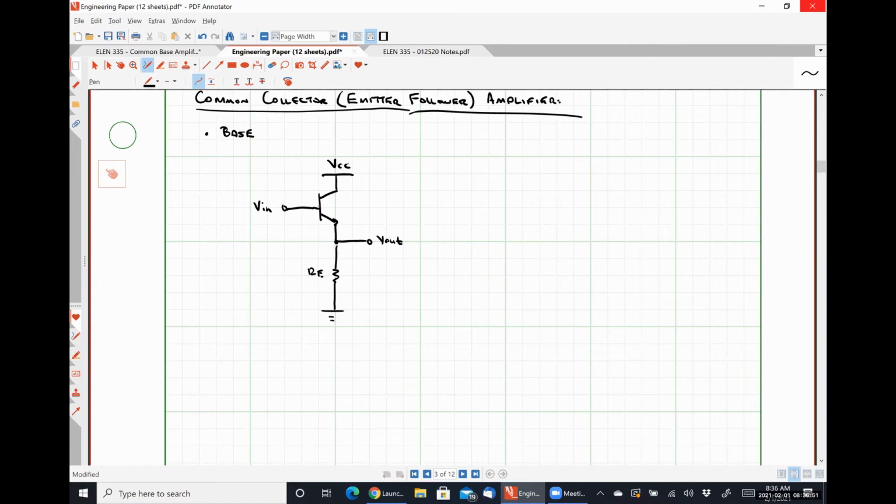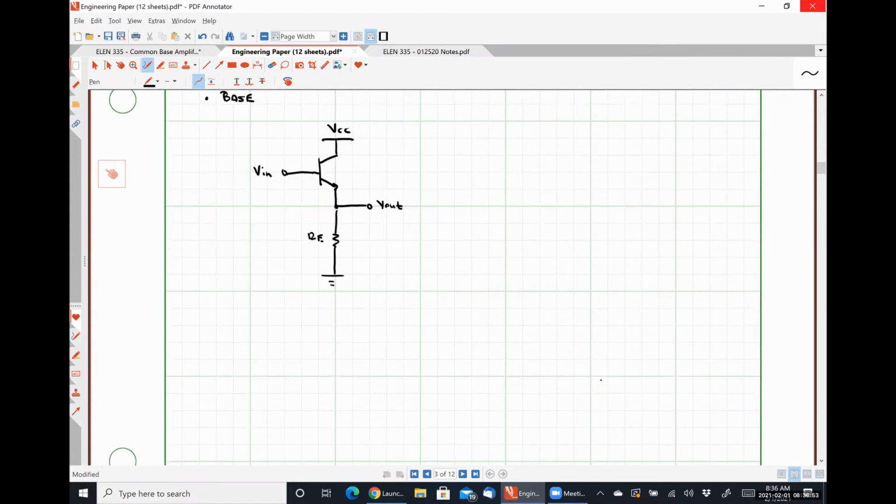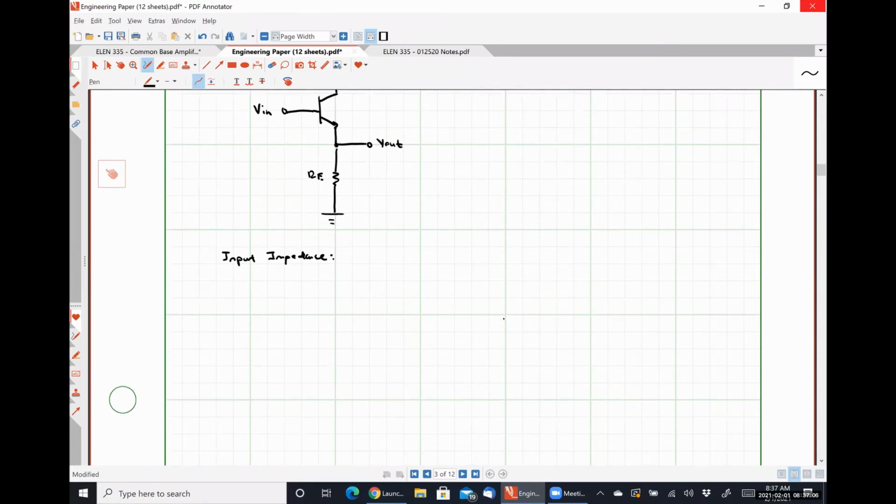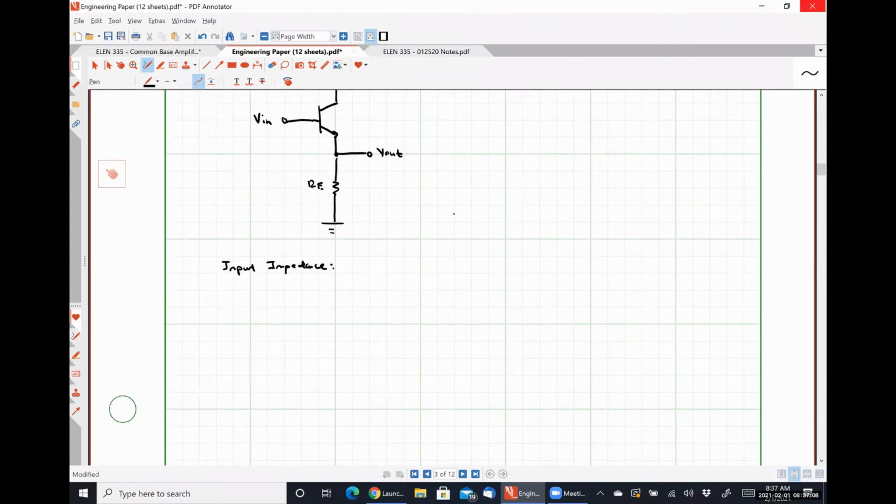So for our amplifier parameters, let's look first at our input impedance. So from a small signal perspective, we're going to have something like this.